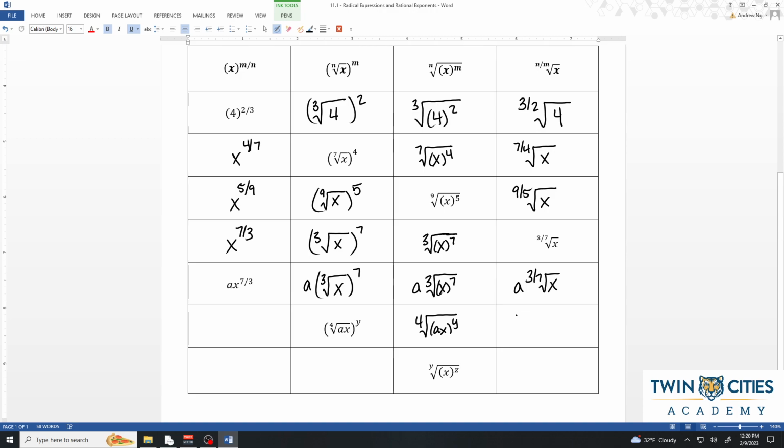Here, this will be 4 over y root, and then on the inside, ax. As an exponent, ax inside of parentheses, because they're together, then reverse this, instead of 4, then y, y over 4.